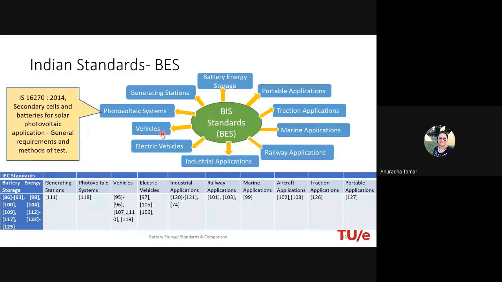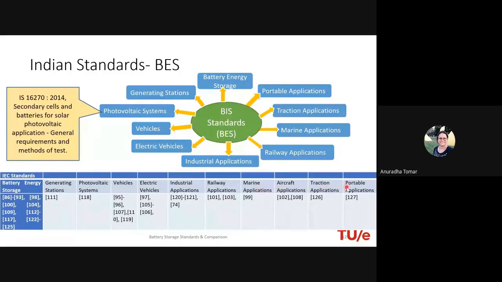And for the vehicles, they have different standards. For the normal, conventional vehicles they have one set, and for the electric vehicles they have a different set. And then the good part is that, like the IEC standard, we have industrial application, and we have standards for railways, for marine application, for aircraft. So you could see that the application list here is larger than the IEC standard.